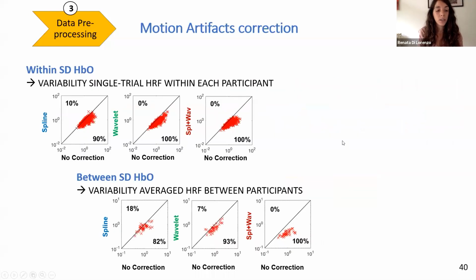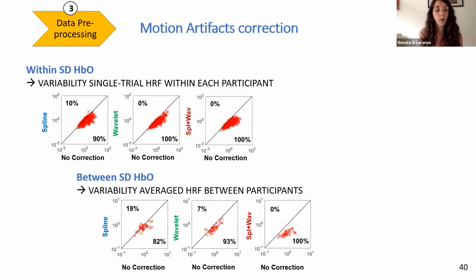So once we recorded the data, we ran the 3 pipelines in this case, to see whether the variability in single trials and average trials decreased compared to when we do not correct for motion artifacts. We looked at 2 metrics specifically. One is the within standard deviation. Here I show you only the oxygenated hemoglobin, but the same results hold for the deoxy.